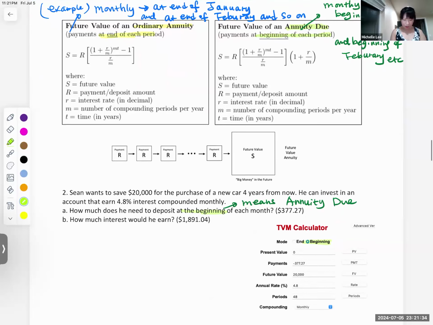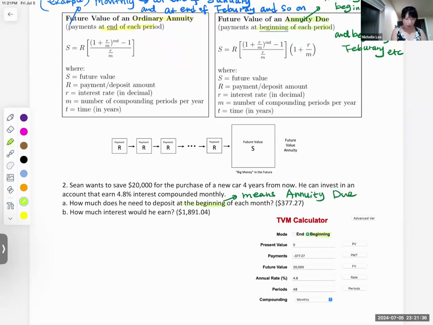So look, this is a future value. So here is the future value. And then 4 years.